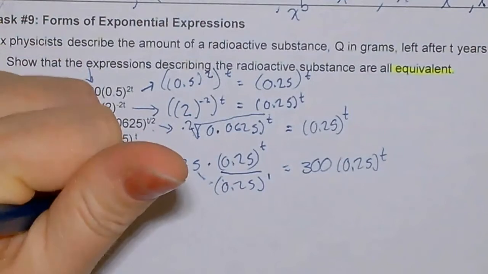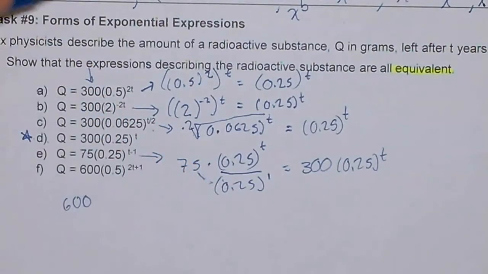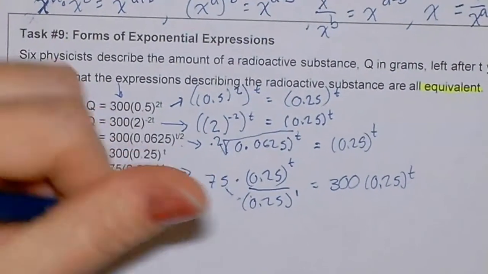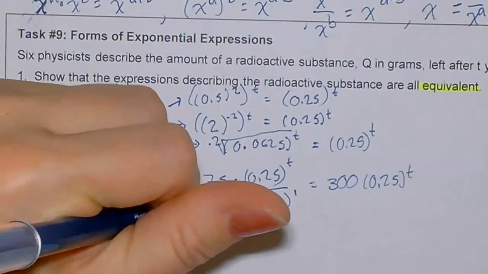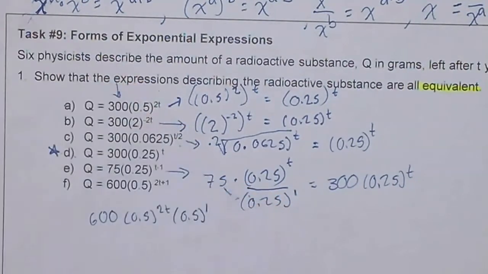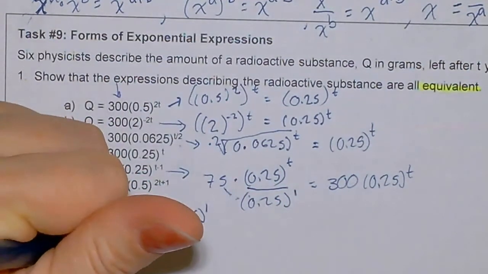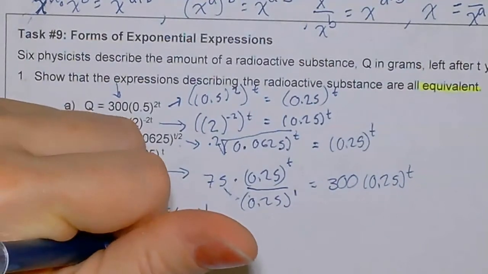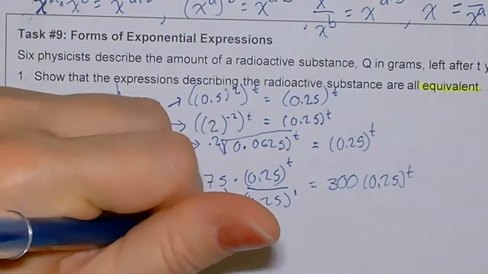So let's look at it. We've got 0.5 to the 2t plus 1. Well, when we're adding the exponents, that means we multiplied to start. So I'm going to break this up into 0.5 to the 2t times 0.5 to the 1. When we're multiplying, we can rewrite stuff in different orders, right? So you've got 600. I can rewrite that as 600 times 0.5 to the 1 power, which is just 0.5, times 0.5 to the 2t.